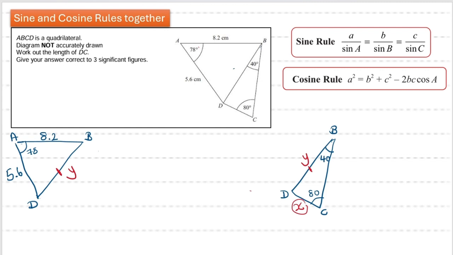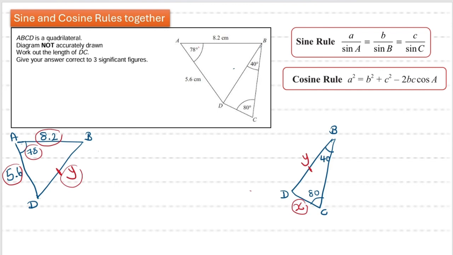So let's use the information in the triangle ABD on the left hand side. In that triangle we are given two sides and one angle. So this information meets the condition for using the cosine rule.